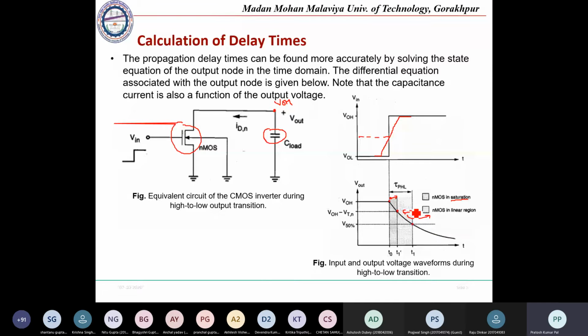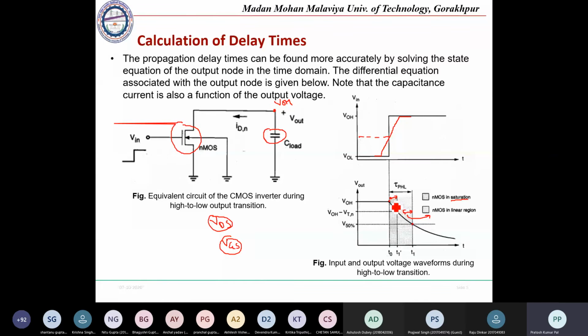How are we going to find out whether it is operating in linear or saturation region? That will be decided by the different terminal voltages. We will find out the VDS value and VGS value. With respect to VGS and VDS, we can find that when the output goes from VOH to VOH minus VTN, this is the point at which the switching between saturation and linear will take place.